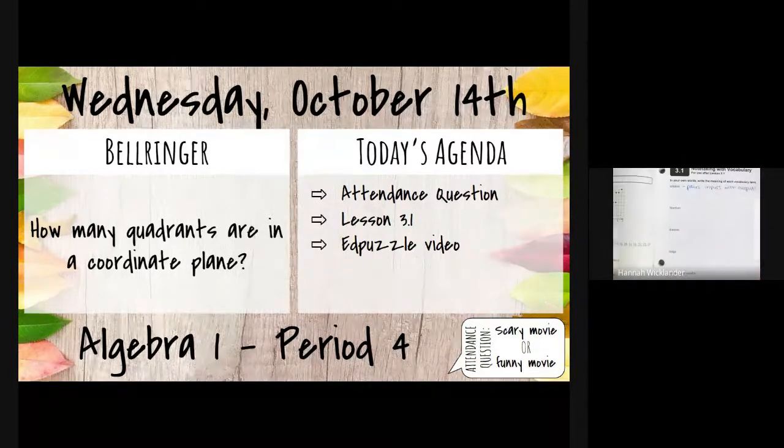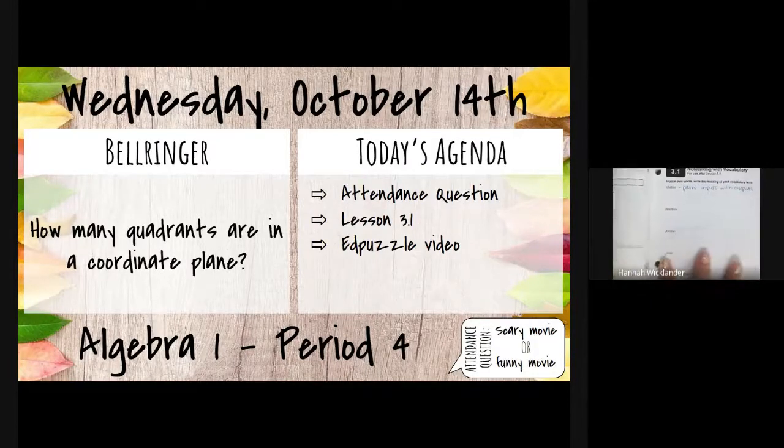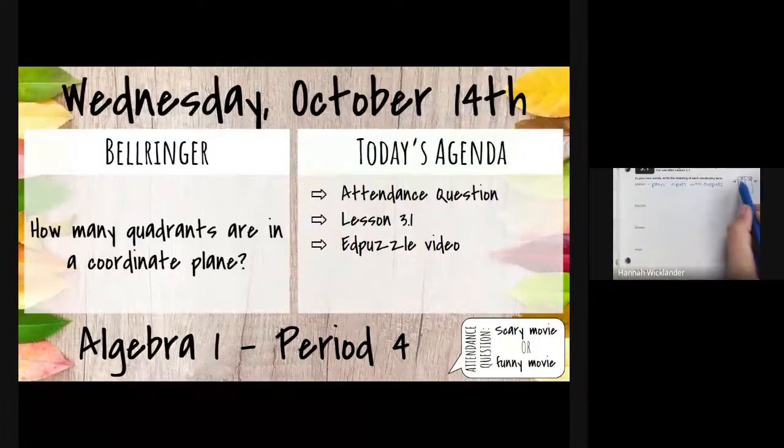That means inputs with outputs, like when you have a table that looks like this: X, Y. You input a number and then you get an output. So if you were to input 0, your output would be 2.